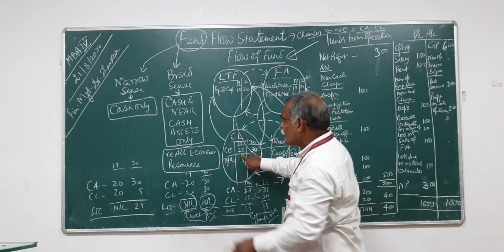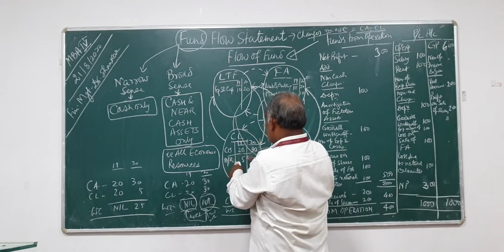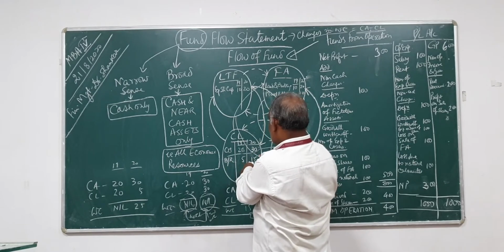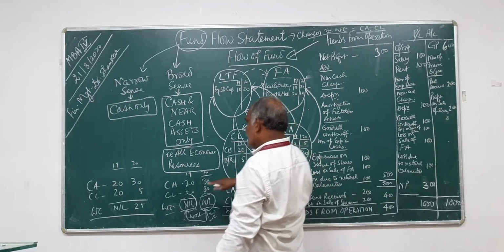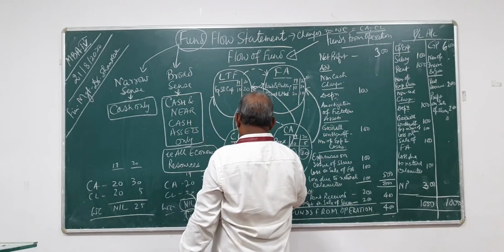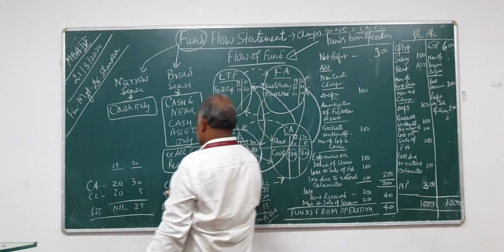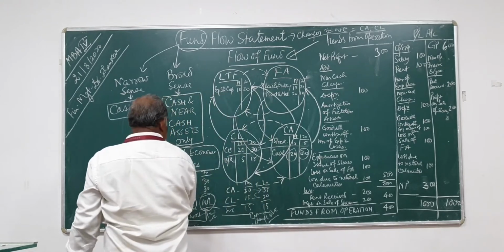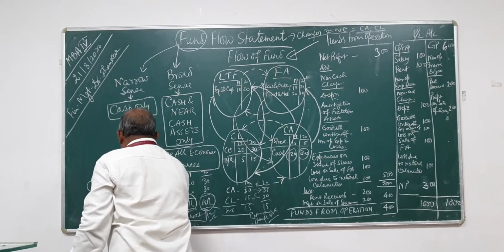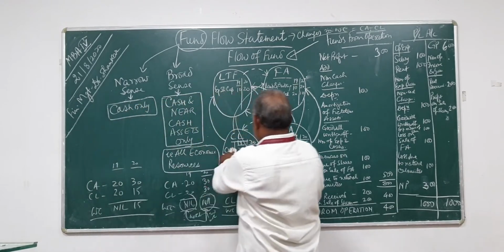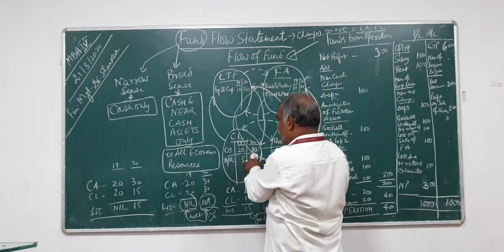Here current liabilities is 20, here current liabilities is suppose 5. Okay, here is 20 and here is 30. Yeah, here is 15. So 20 and 15.